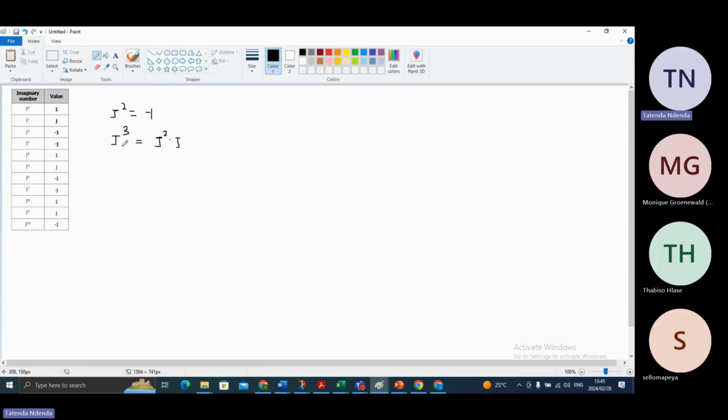So now if there's the power 3, this is j squared, and this is j to the power of 1. If the bases are the same, the exponents have to add, so 2 plus 1 gives us this 3 that we're having here, right? But we know that, guys, j squared is equal to negative 1. So this is going to be negative 1 multiplied by j. Hence we get negative j, like this. We're together, right?